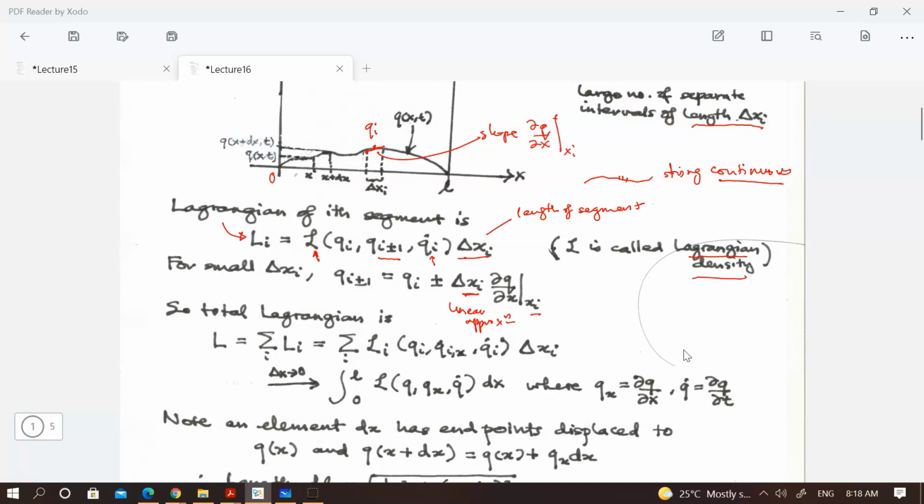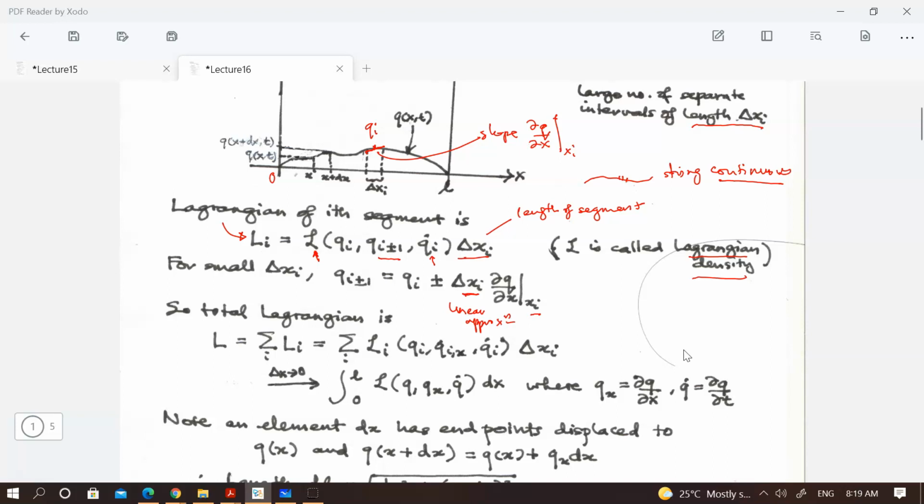Right. So once you have done that, here is essentially a Lagrangian of the ith segment. Then you need to sum over all the segments that you have made on the string. So you sum over i, Li. In other words, what one needs is to sum over all these Lagrangians that depend on the ith segment variables.